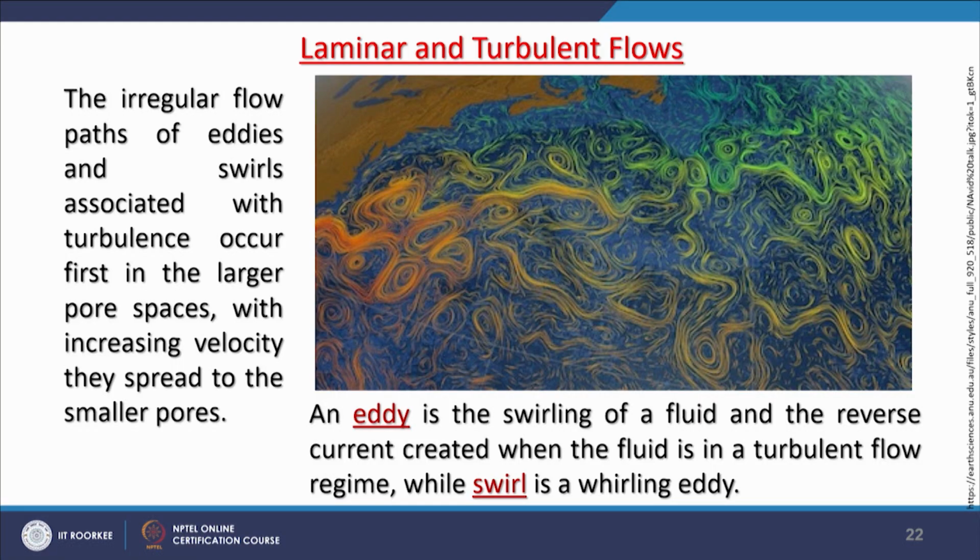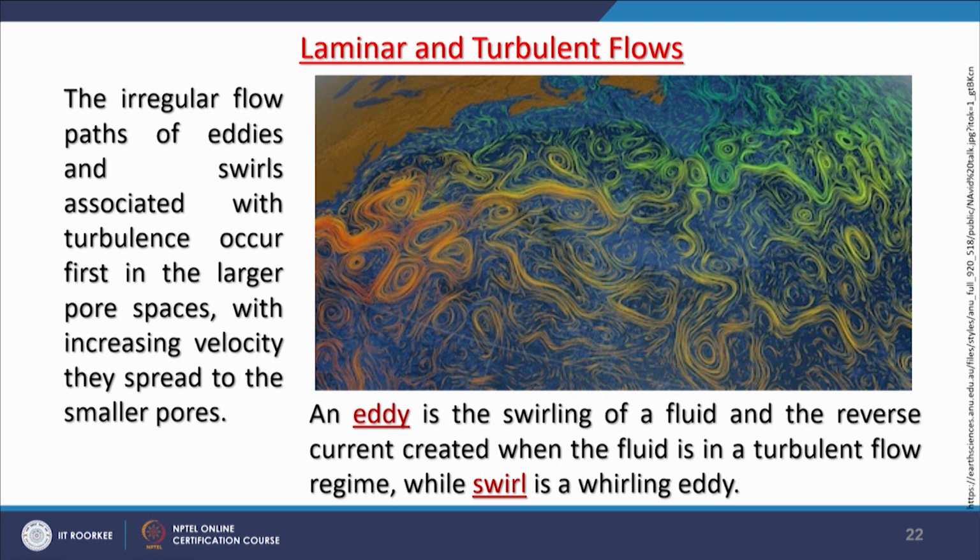These are some lab experiments through which you can see how turbulent flow or swirling or whirling occurs. The irregular flow paths of eddies and swirls associated with turbulent flow occur first in the larger pore spaces, with increasing velocity as they spread to the smaller pore spaces.